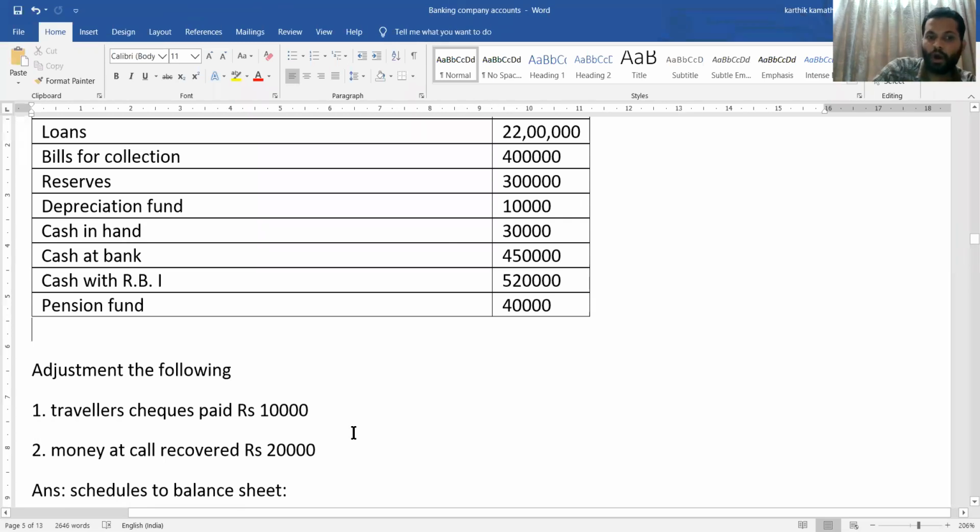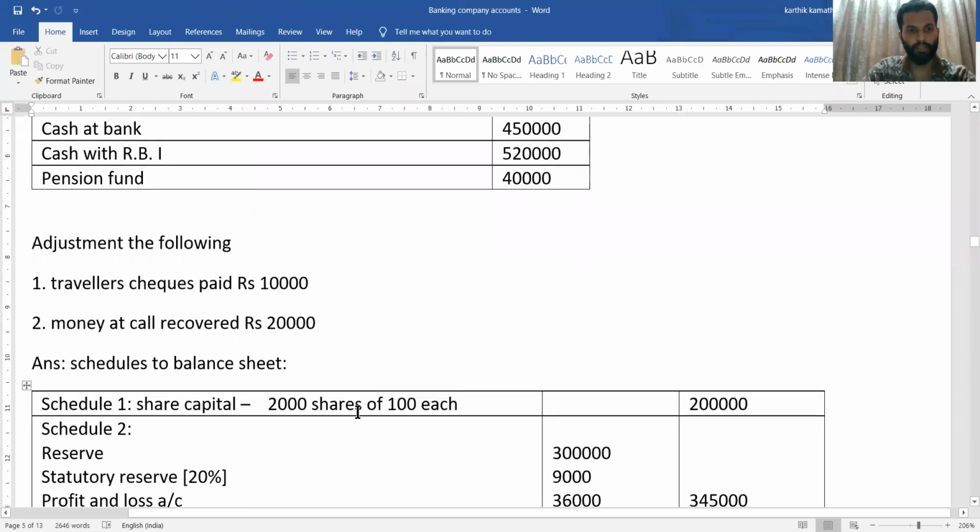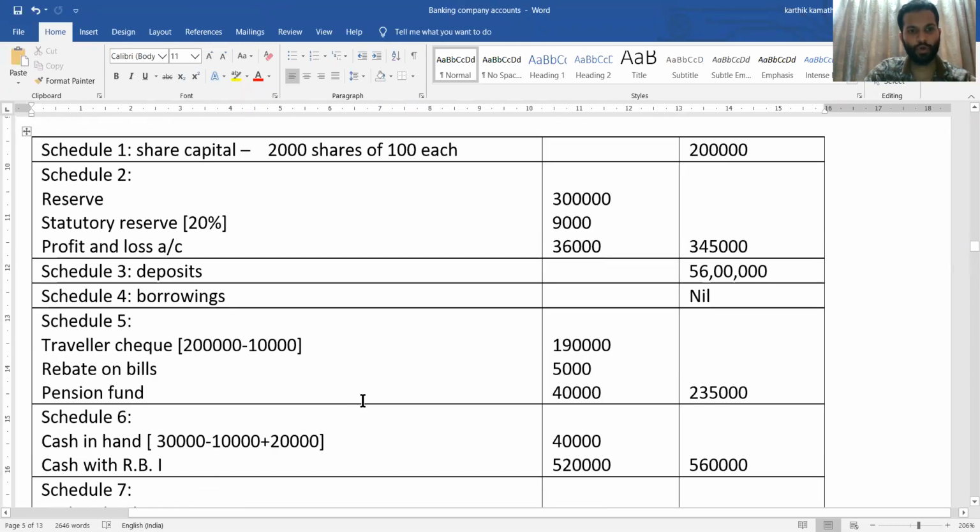Then money at call recovered. Recovered means it is a receipt to the bank. So you need to add 20,000, that is money at call recovered. You need to deduct 10,000, that is travelers check paid using cash in hand balance. So final cash in hand balance 30,000 minus 10,000 plus 20,000 is 40,000.